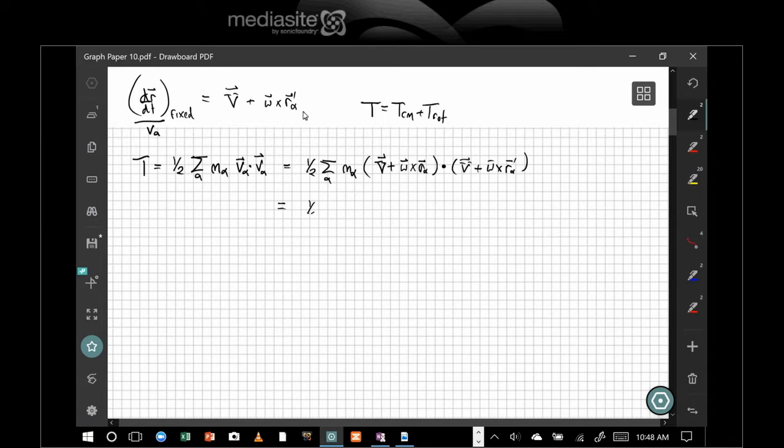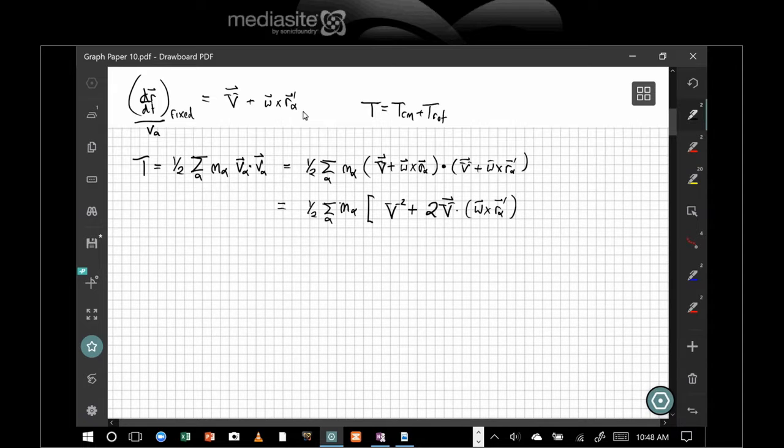So if you look at it, let's look at the first term. The first term, I'm going to get v dot v. Well, that's big M, and let's just put a big bracket here. So I'm going to get v squared. Okay, that's cool. And then the other thing I'm going to get is a cross term, and that cross term is going to be 2 times v as a vector dot omega cross r alpha prime.